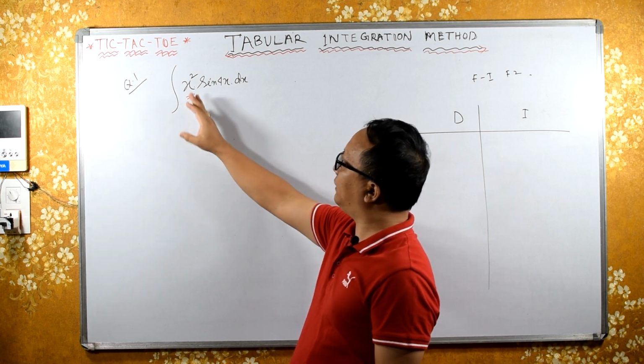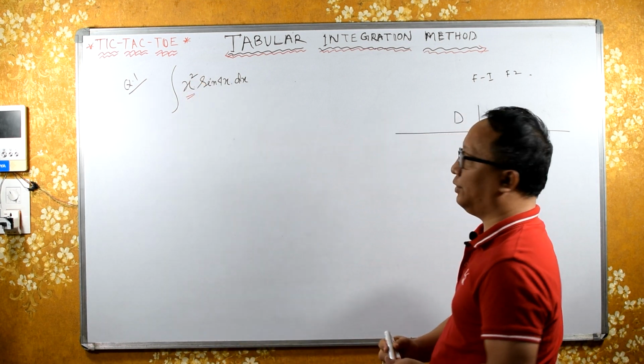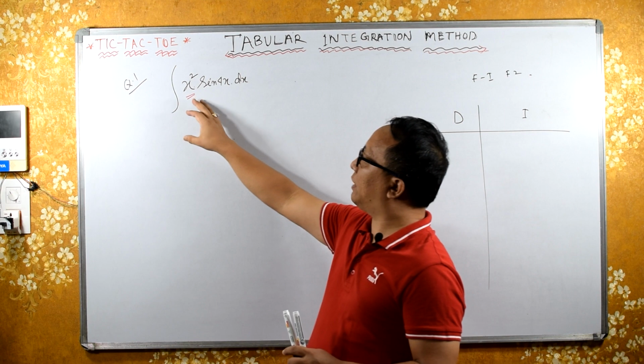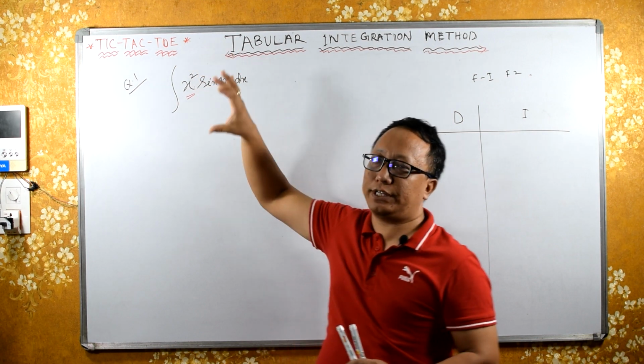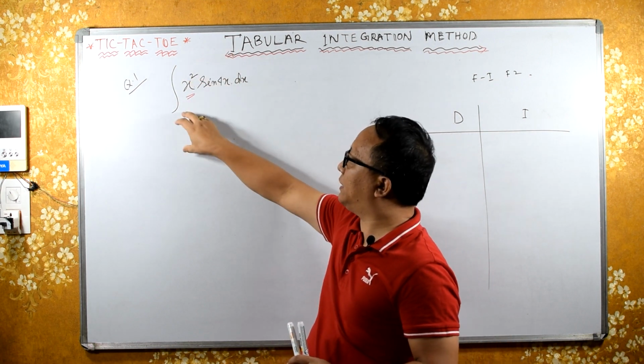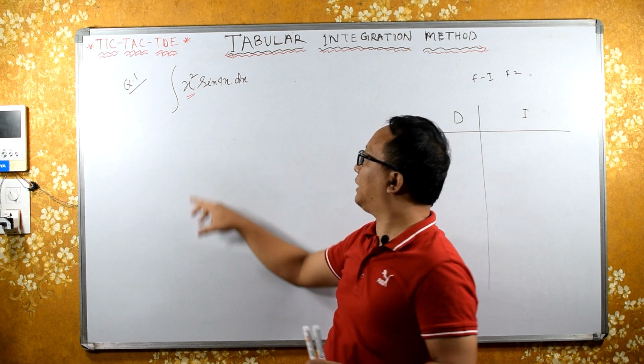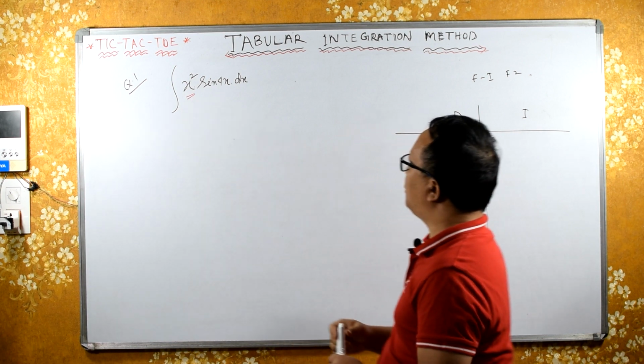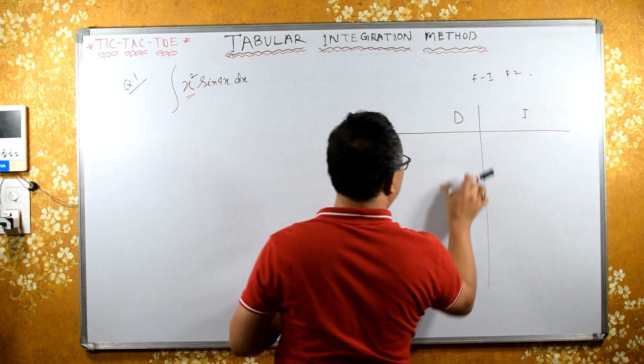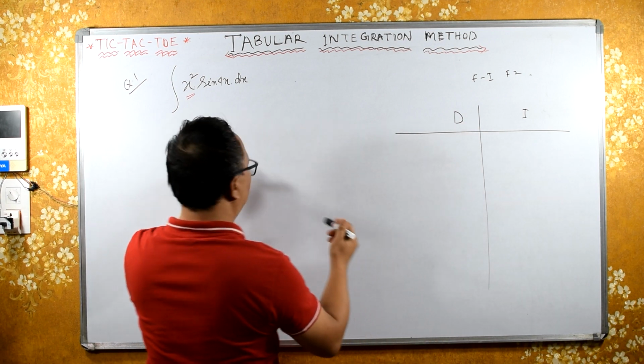So in that scenario, what we used to do is select those terms which, if we differentiate them, become 0 in some steps, and we choose those terms in the D column.